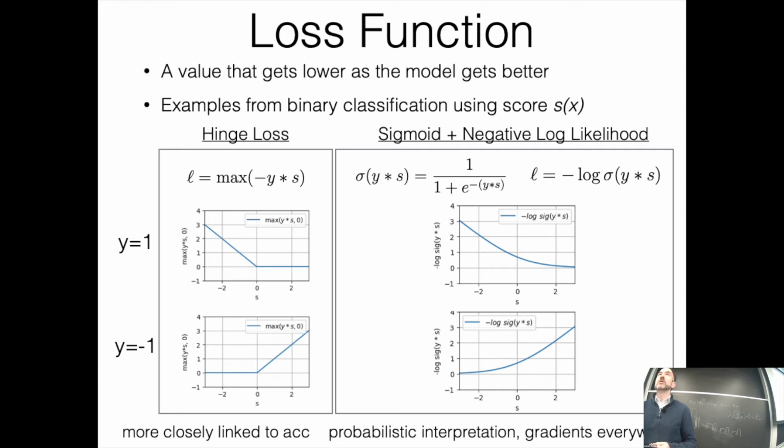What about the sigmoid and negative log likelihood? There's two major advantages of this. Anyone want to review their machine learning class?